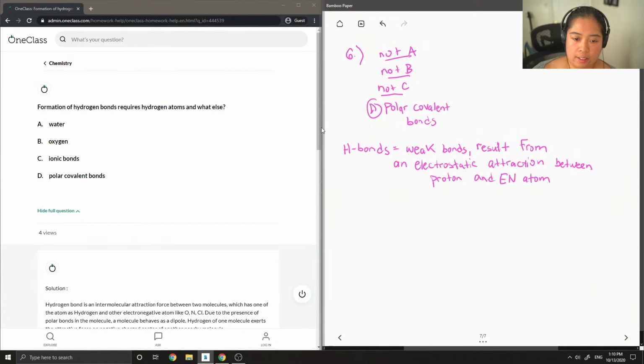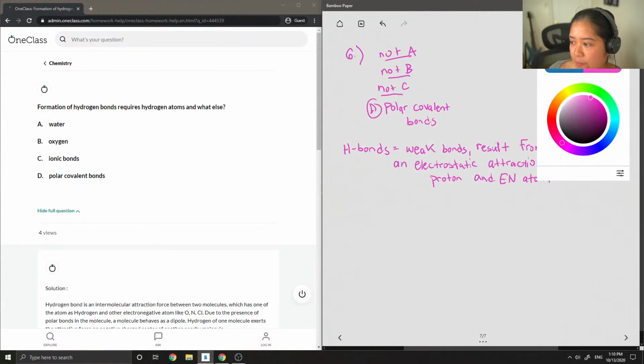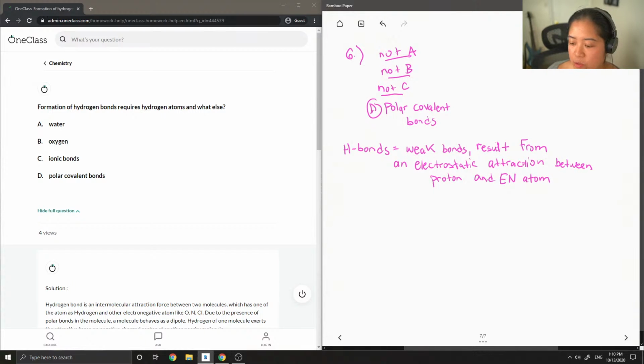So I'm just going to do the easiest example to show what hydrogen bonds are, and I'm just going to use the water molecule. So here's the water molecule. Everyone knows it's H2O. So our oxygen is more electronegative. So I'm going to show that using this arrow. So since our oxygen is more electronegative, it has a slightly negative charge, leaving our hydrogens to have a slightly positive charge.